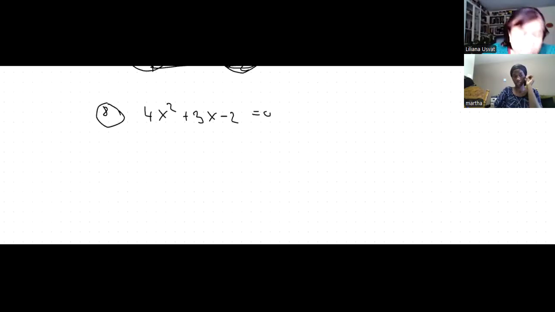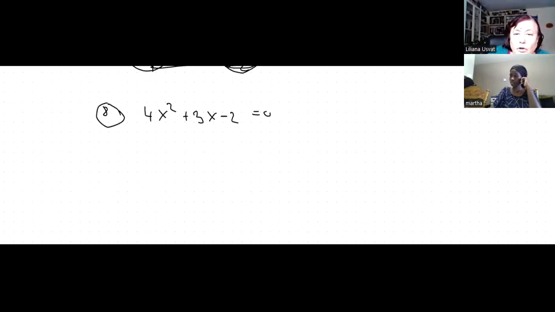8. Use the discriminant to determine the number of roots of each equation. So 4x squared plus 3x minus 2 equals 0. Let me repeat the theory.